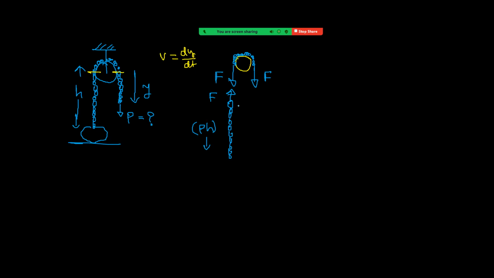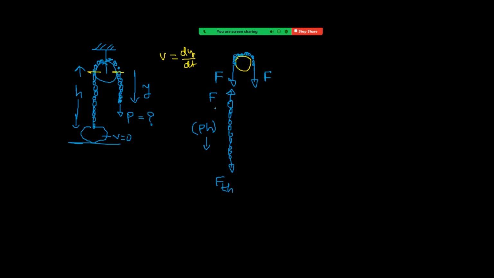And if you observe, taking this as a system, you can see this chain is entering into the system. When the chain enters the system, with respect to the system its velocity is downwards. See carefully. With respect to the system, for this part velocity is 0. For this part velocity is v upwards. With respect to the system, its velocity is v downwards. Okay. And mass is entering into the system. Therefore, the thrust force will be downwards. Thrust force. Okay.